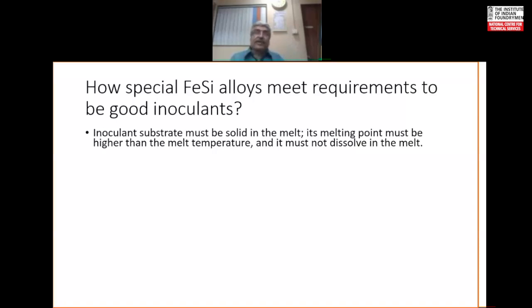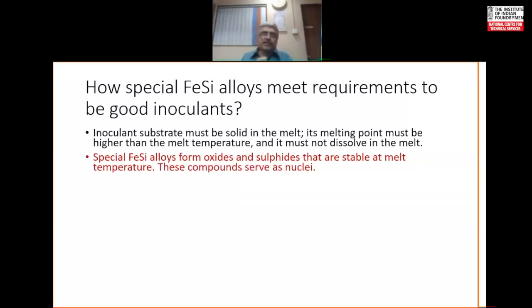They will gradually react so that they will give this inoculation effect. These special ferrosilicon alloys will form oxides and sulfides which are stable at cast iron melt temperatures, and these compounds, these oxides and sulfides, serve as nuclei.